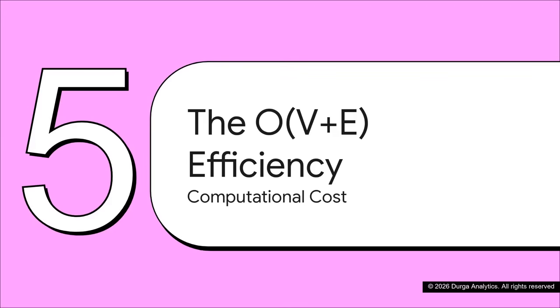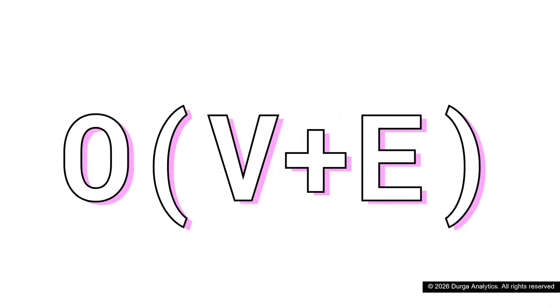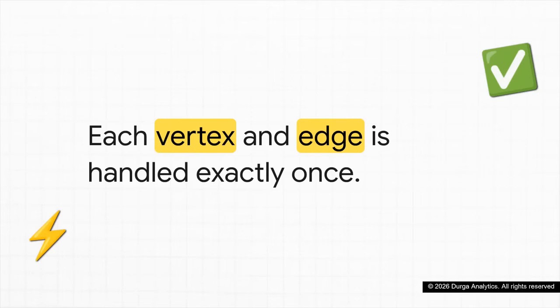Next up, Section 5, the O(V + E) efficiency. When we're building real software systems, we absolutely have to consider scale. Despite their wildly different exploration strategies, both of these traversals share an incredibly efficient time complexity, big O of V plus E. Let's break down why it's so efficient. Thanks to that visited set we talked about earlier, every single vertex is visited exactly one time, no exceptions.